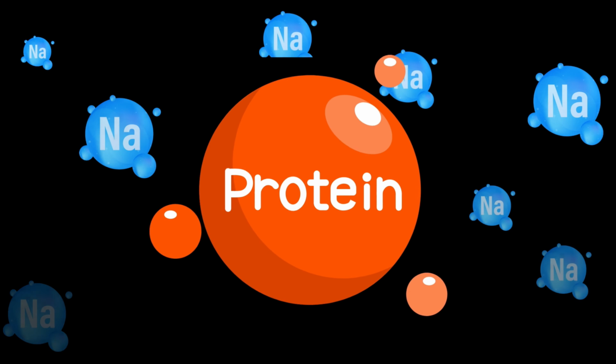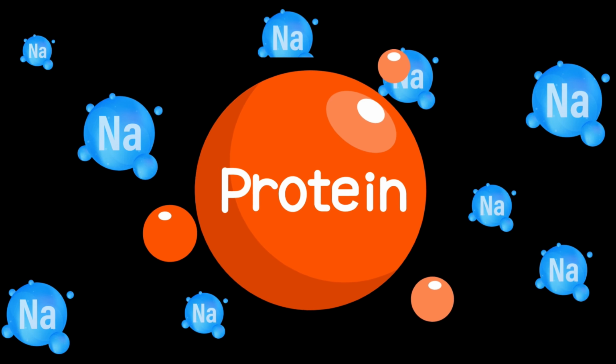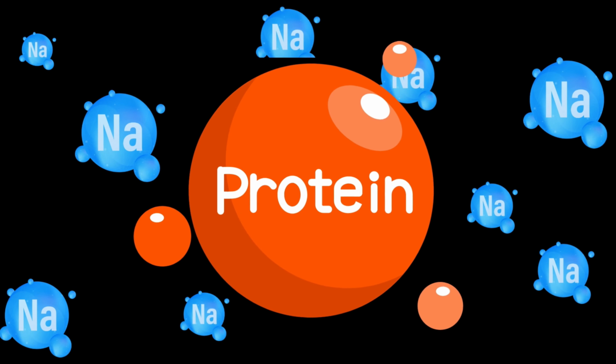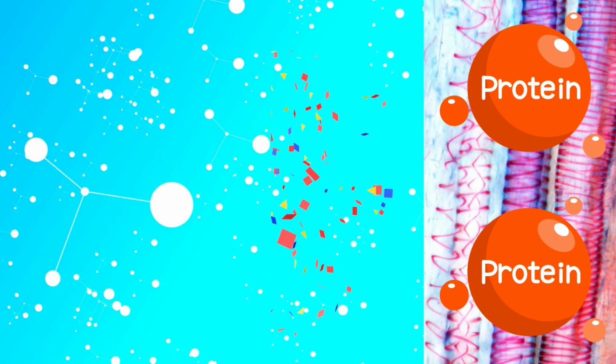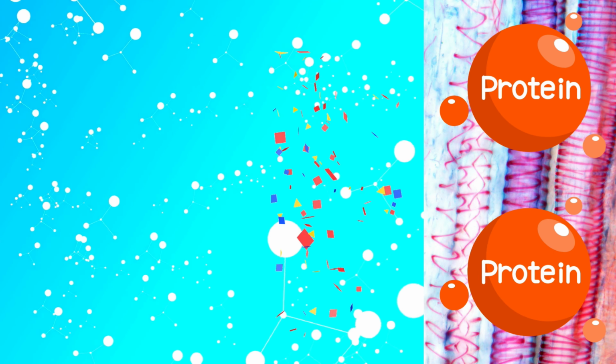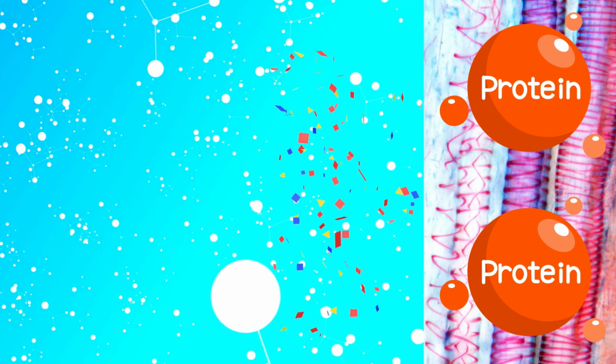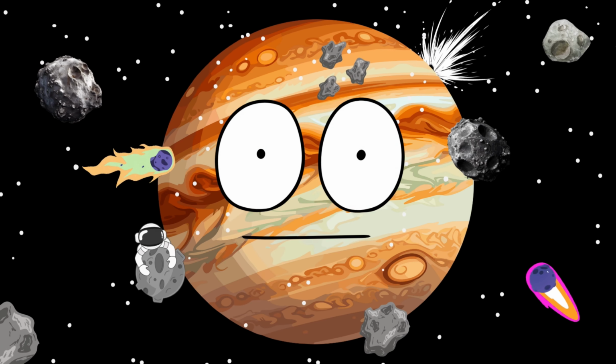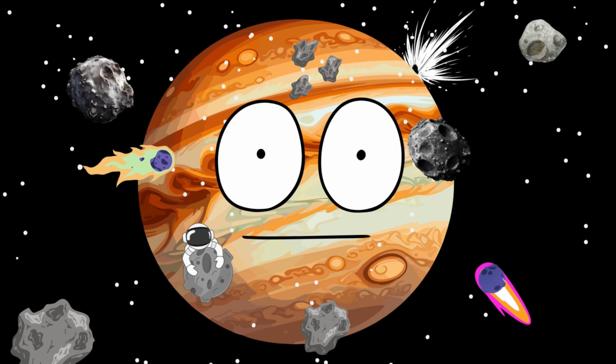So consider the size of a sodium molecule versus a protein molecule. The protein molecule has a much greater size and mass than the sodium does. So the larger the molecule, the stronger its oncotic pull. Just like gravity. The larger the planet, the stronger its gravitational pull. Same exact concept.